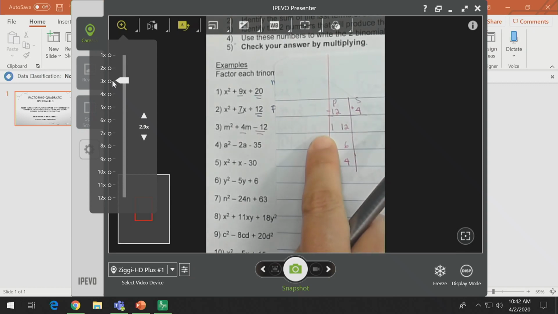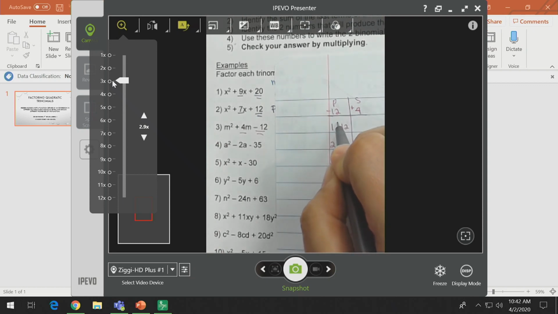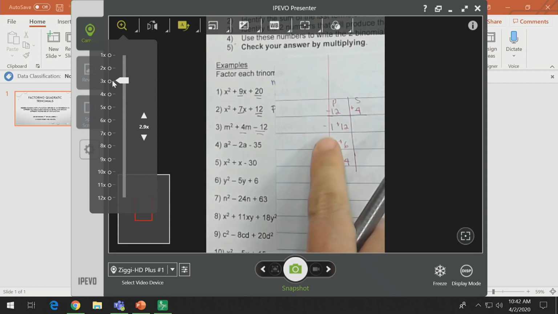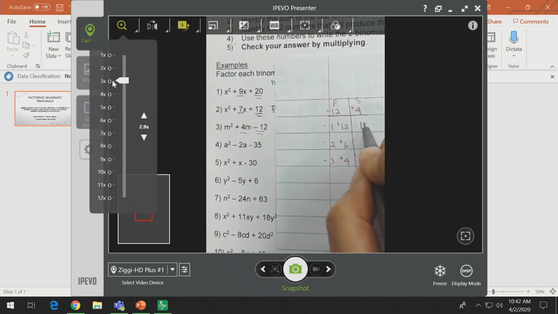So I can either have a positive 1 with a negative 12, which gives me a sum of negative 11, because remember, the larger number is the one that determines the sign of the sum. So we probably should make the larger number positive, and let's make the smaller number negative. When we add negative 1 to 12, we get 11.